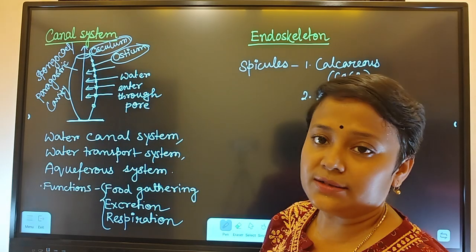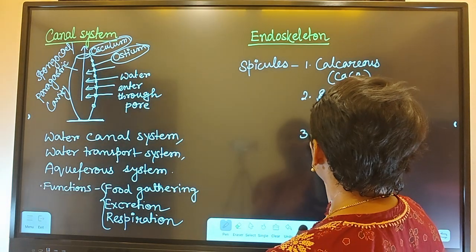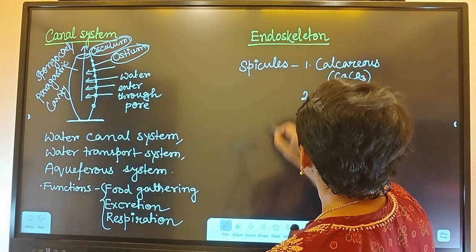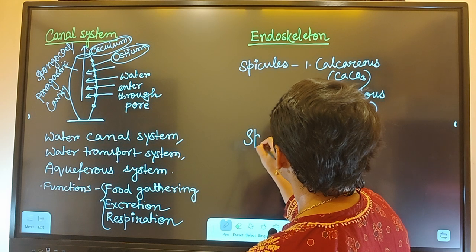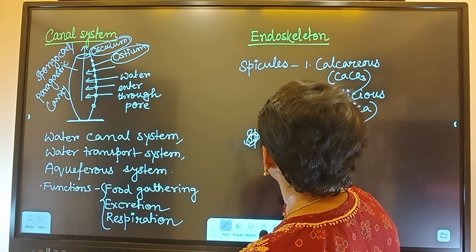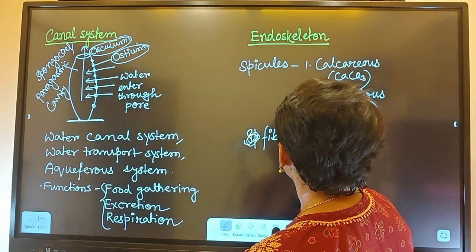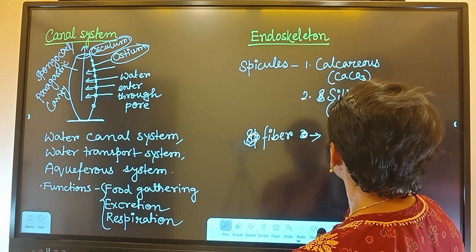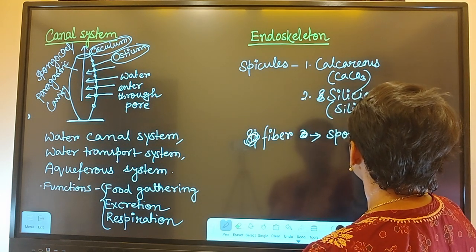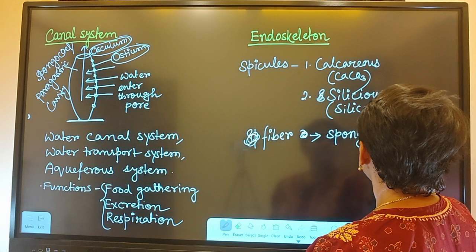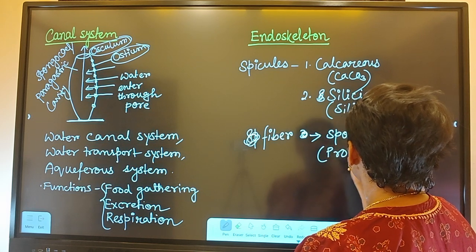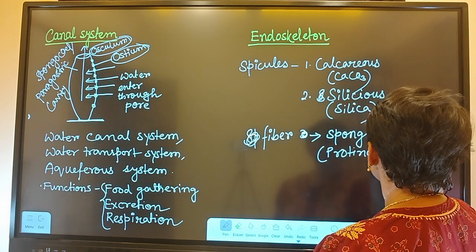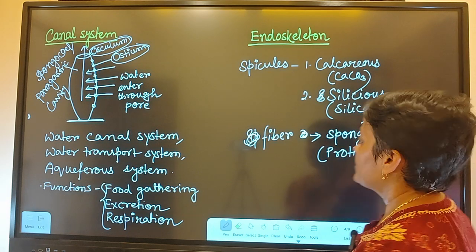Another type is a fiber-like endoskeleton, which is made up of spongin fiber. Spongin is a proteinaceous fiber.